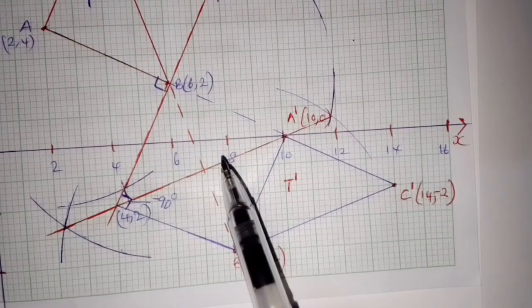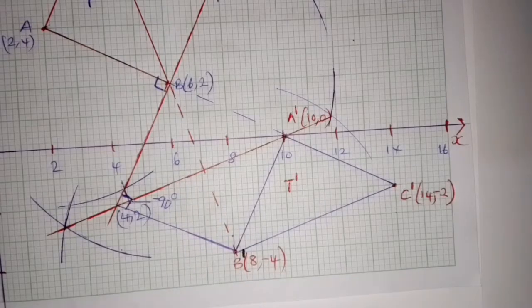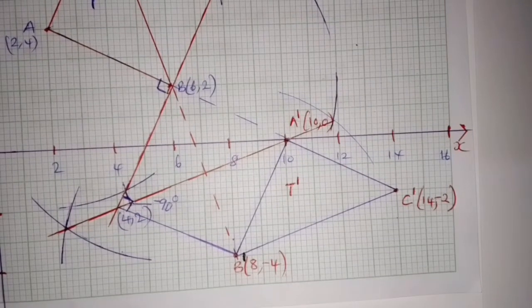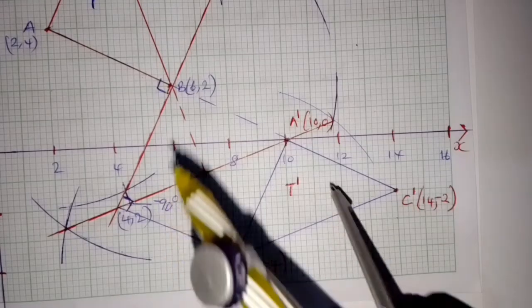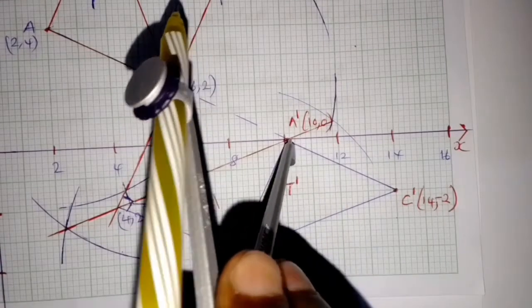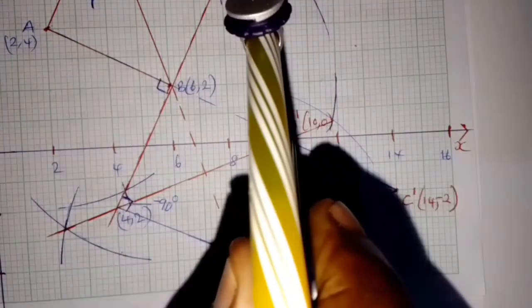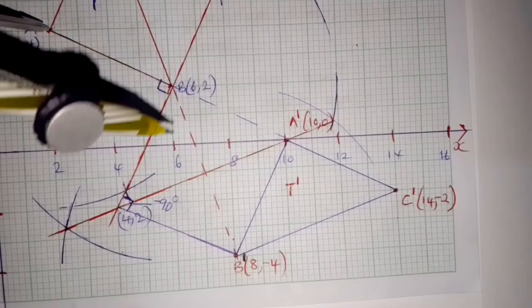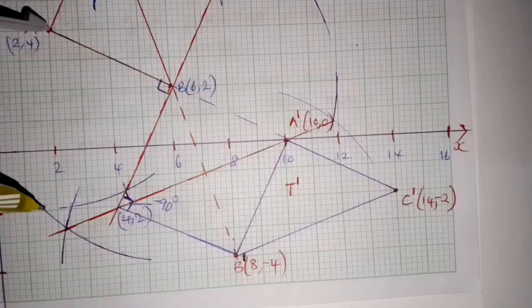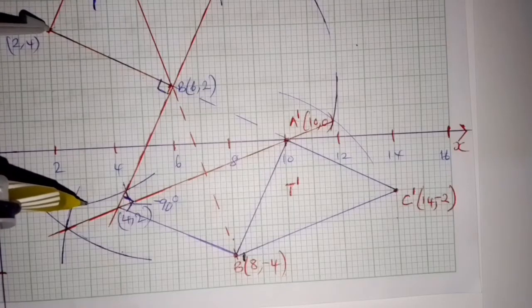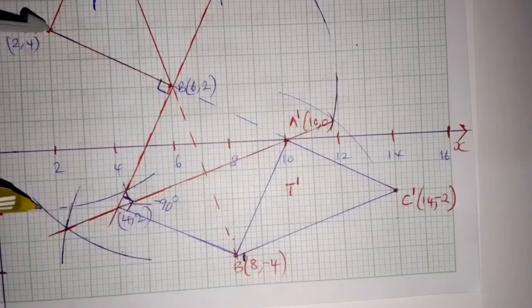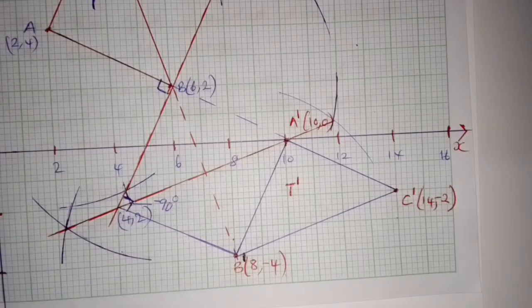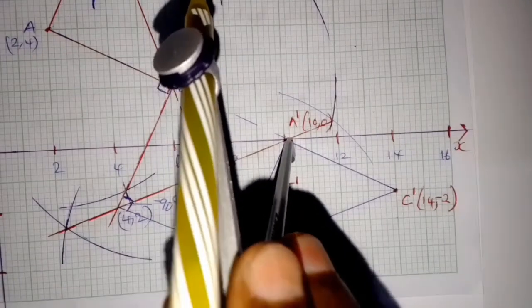After joining them, we draw the perpendicular bisector. We draw the perpendicular bisector of A and A prime, and we have drawn it here and on this other side here.